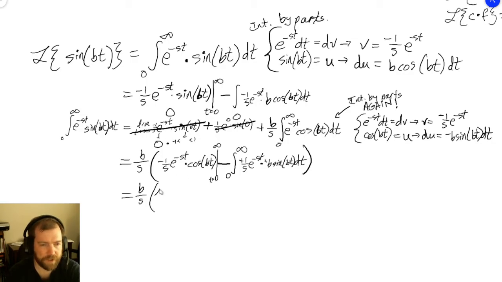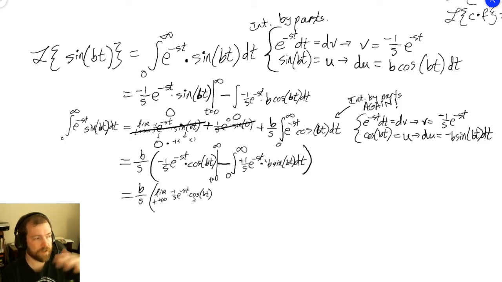As we take the limit as t goes to infinity of -1 over s e to the -st times the cosine of bt. Again, cosine is between -1 and +1, so it's indeterminate what its actual technical limit is, but you know it's bounded. Then e to the -st as we go off to infinity becomes 0 again. So this whole thing is just 0, yet again.